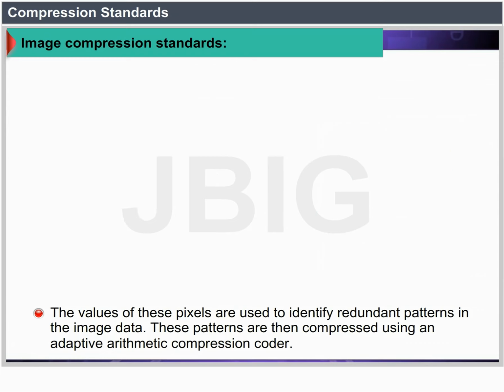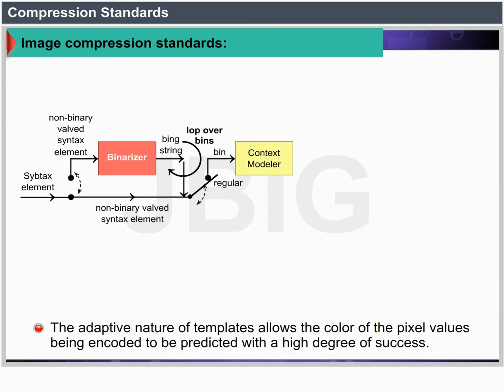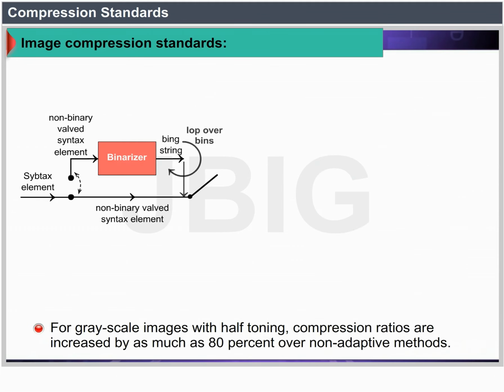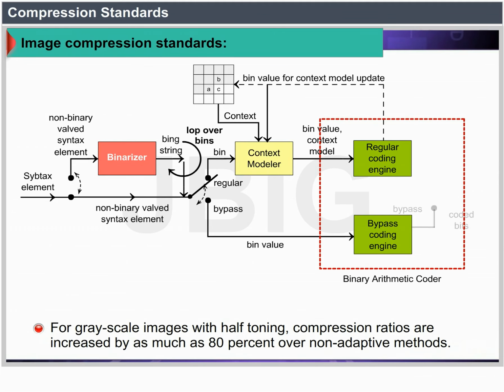The adaptive nature of templates allows the color of the pixel values being encoded to be predicted with a high degree of success. For grayscale images with half-toning, compression ratios are increased by as much as 80% over non-adaptive methods.